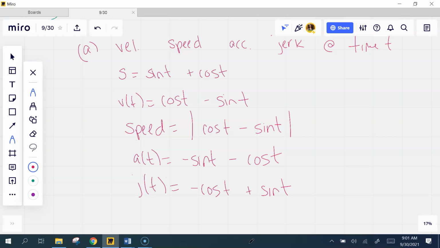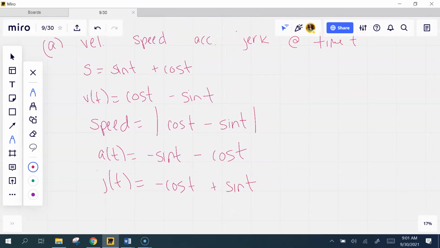So now for part B, it asks you to find the body's velocity, speed, acceleration, and jerk at time t equals pi over 4. So that's exactly right. I'm just going to plug pi over 4 in for all of these.